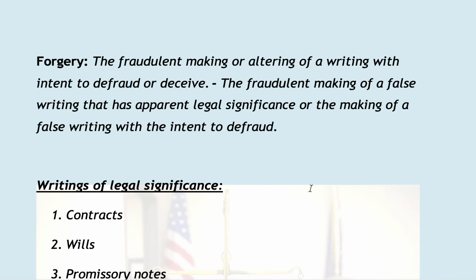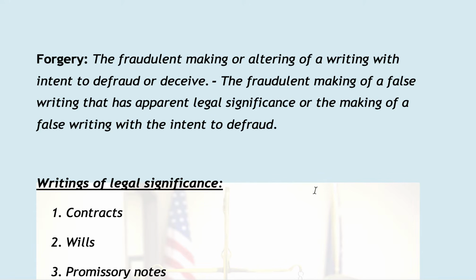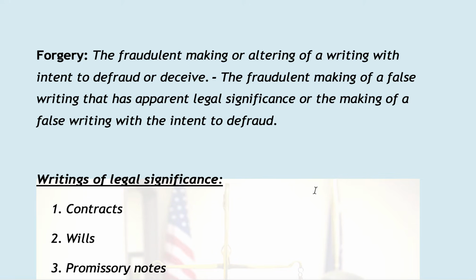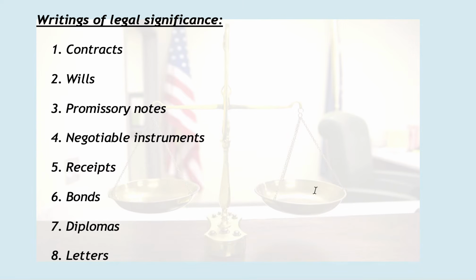Forgery: the fraudulent making or altering of a writing with the intent to defraud or deceive. The fraudulent making of a false writing that has apparent legal significance, or the making of a false writing with the intent to defraud.